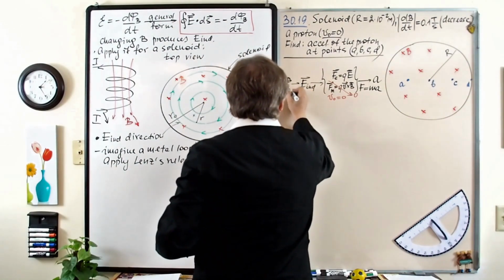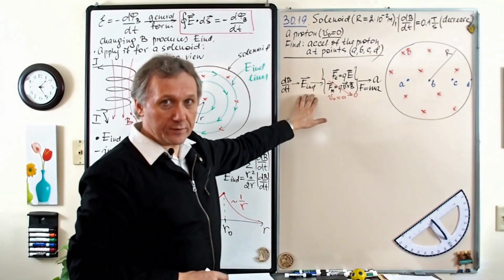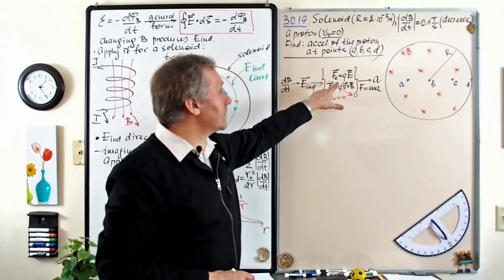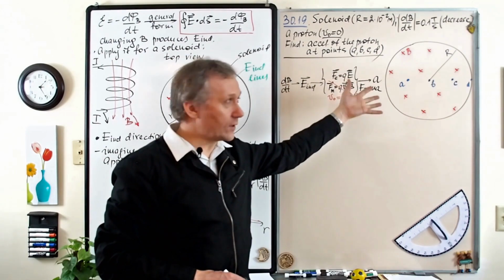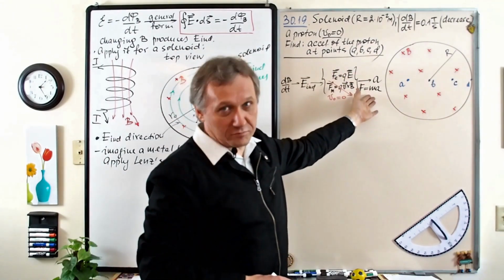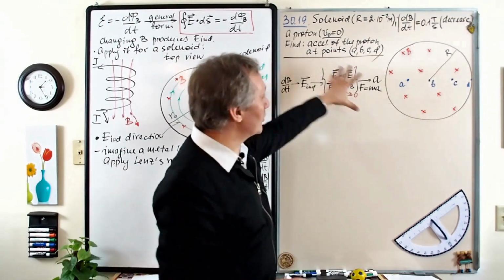So the magnetic field changes. As a result, an electric field is induced. As a result, a positive charge inside of this electric field will experience electric force. And then since the charge has a mass, it will experience some acceleration.